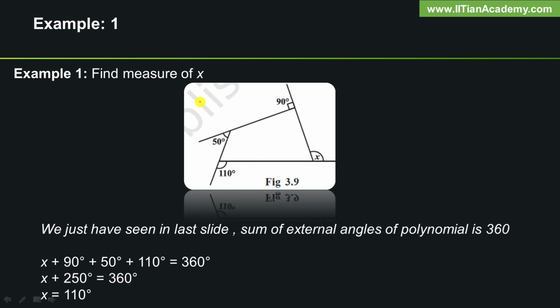Hence, x plus 90 degrees plus 50 degrees plus 110 degrees equals 360 degrees, or x plus 250 degrees equals 360 degrees. Hence, x equals 110 degrees.